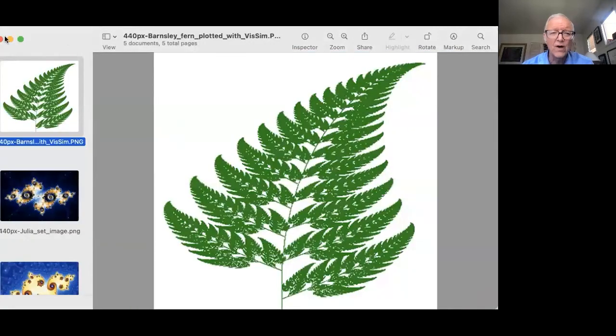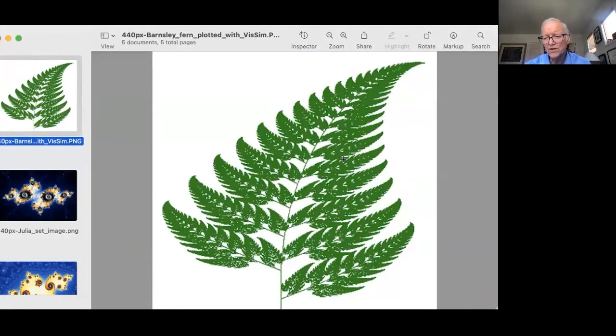Actually, I'm going to show you. Let me first show you this example, which is a fern, the leaf of a fern. And what you notice about this leaf is that it has a shape. It kind of is bent towards the right upper corner. And then it consists of one stem and then a bunch of leaves attached to the stem.